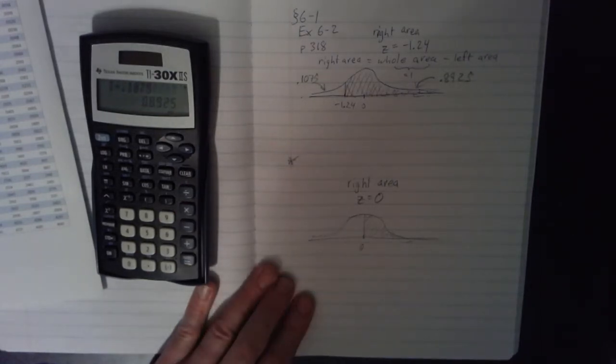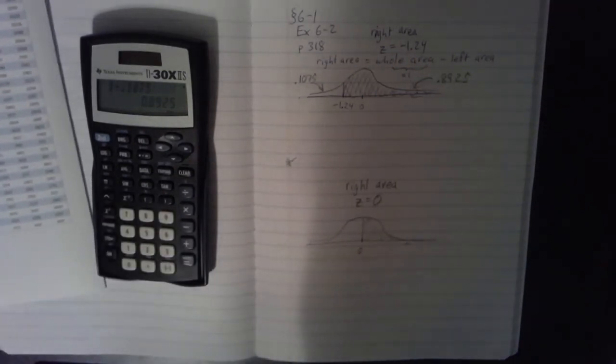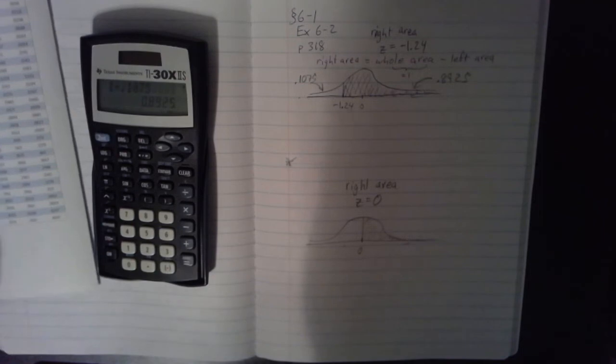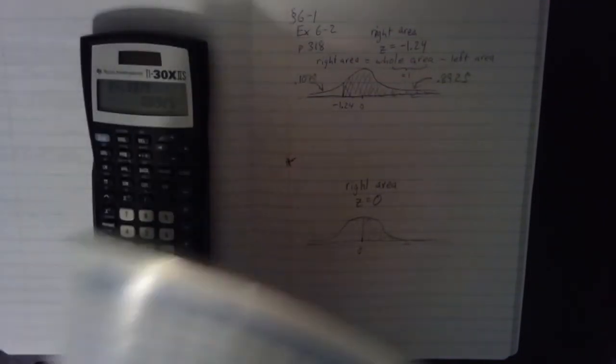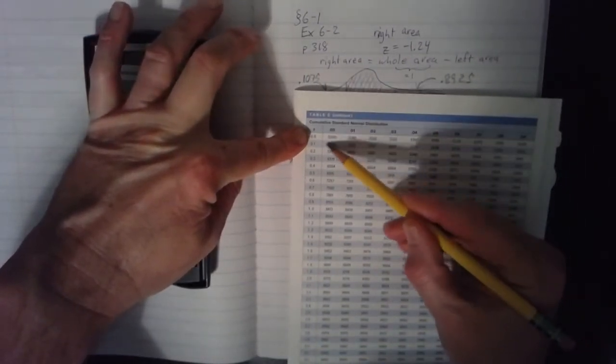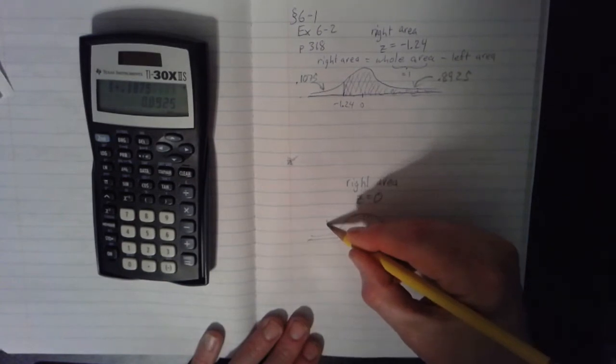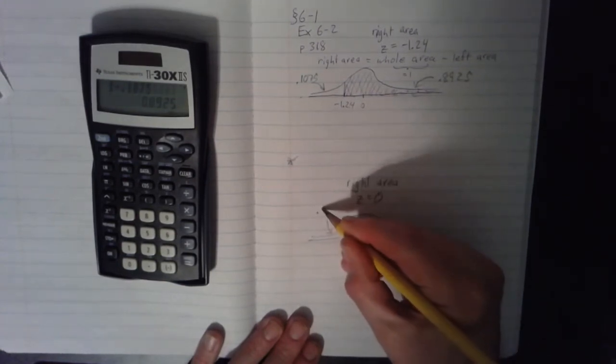Now let's do this by the book, even though we should be able to tell what the answer is. How do we do this? We're going to go to z equals 0.0 and 0.00, and you'll notice that right there it says 0.5000. So what the table is giving us is the left area.